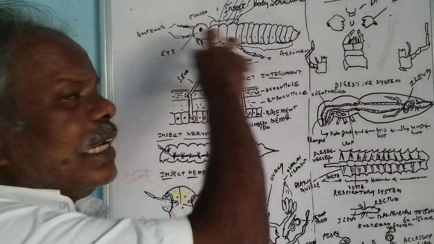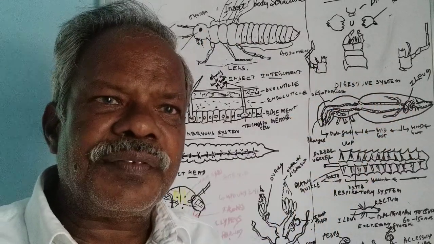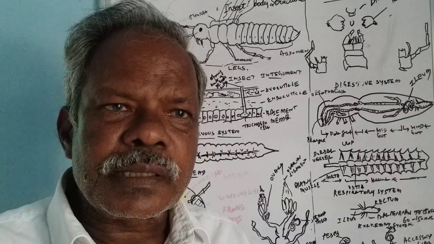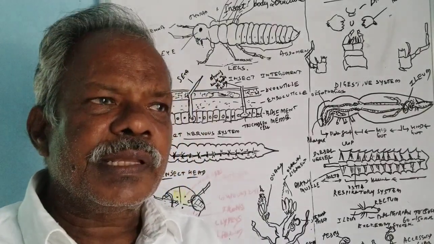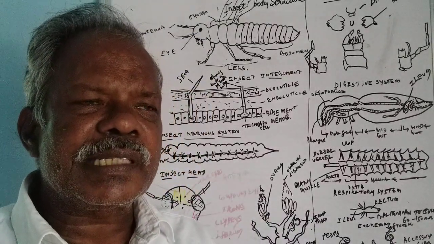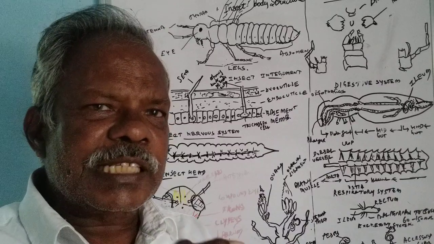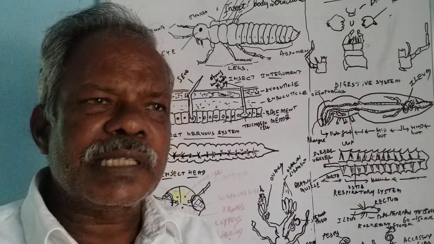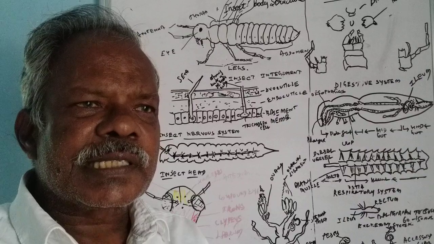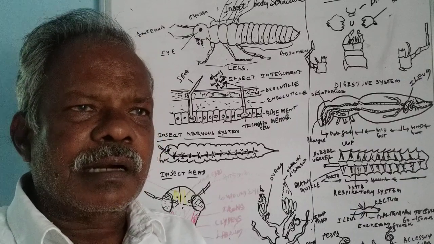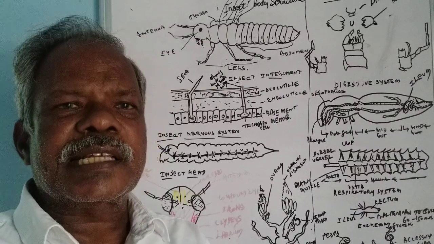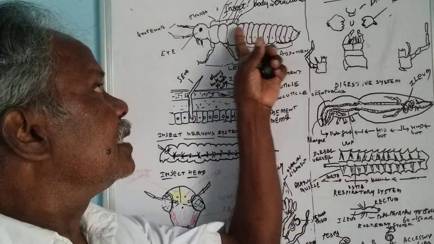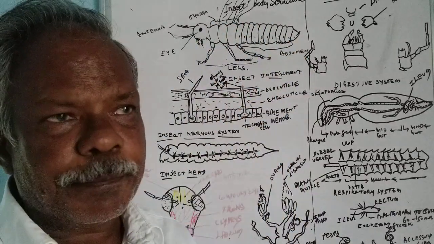So generally the body consists of an exoskeleton. Exo means outer, and it is not a true skeleton, but it is made up of sclerites and hard chitinous structures. Those are all called the exoskeleton.